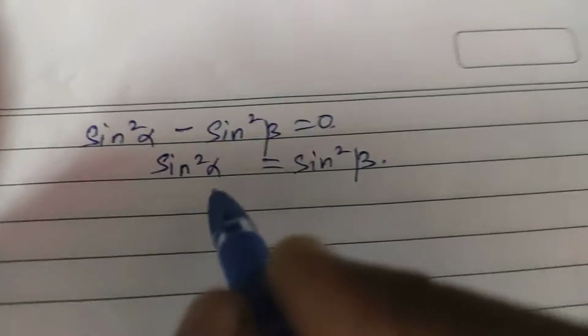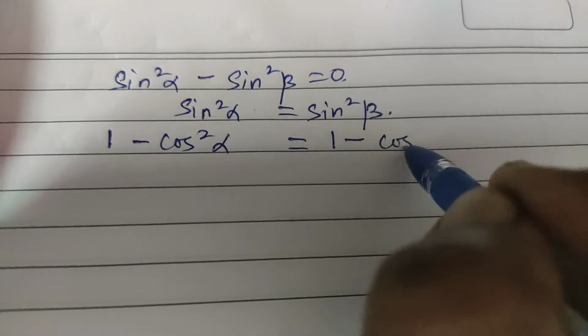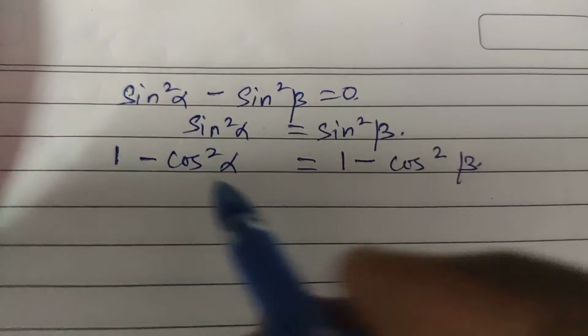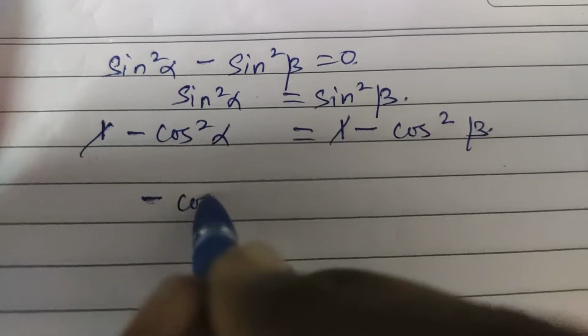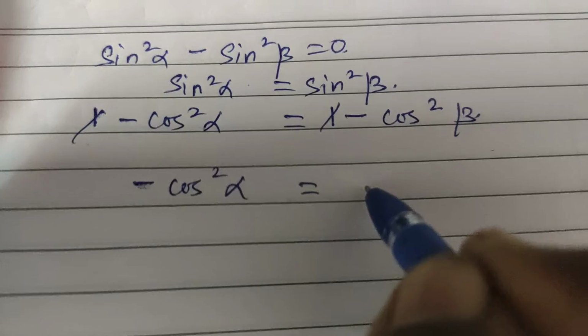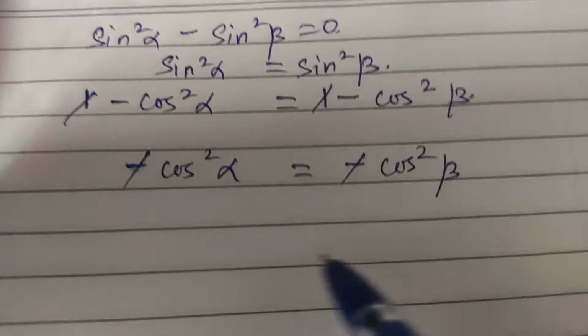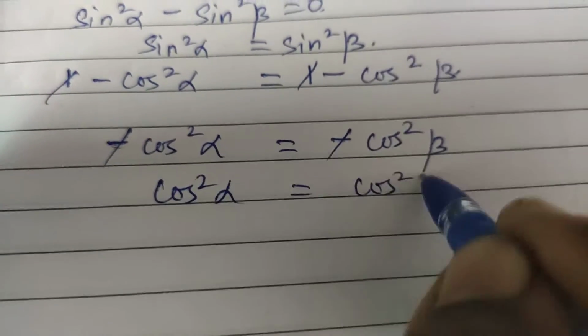Here sine squared alpha may be written as 1 minus cos squared alpha, and here also 1 minus cos squared beta. Okay children, so 1 and 1 will get cancelled. If 1 and 1 gets cancelled, what will be the remaining? Cos squared alpha is equal to minus cos squared beta. Again minus and minus will get cancelled. So cos squared alpha is equal to cos squared beta.